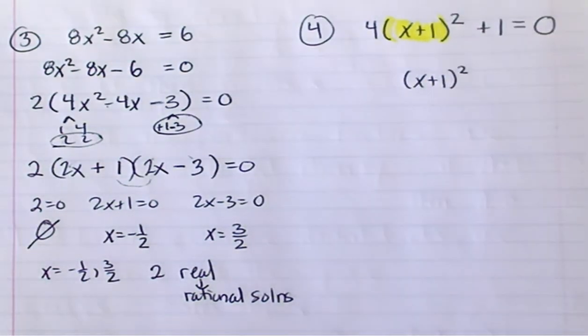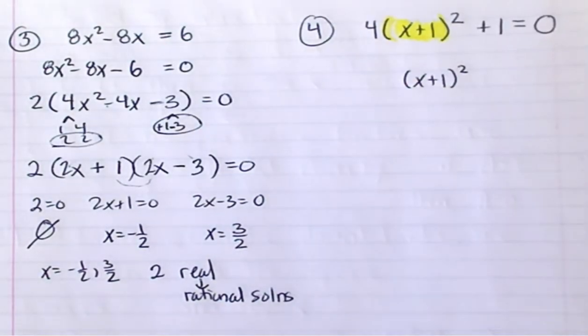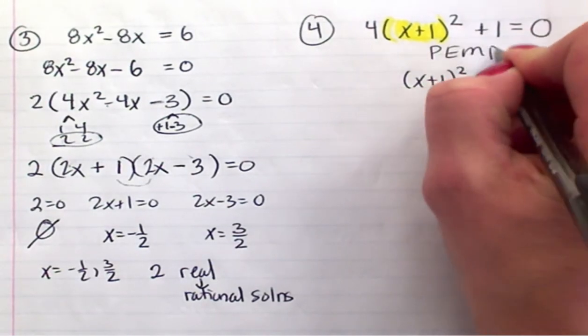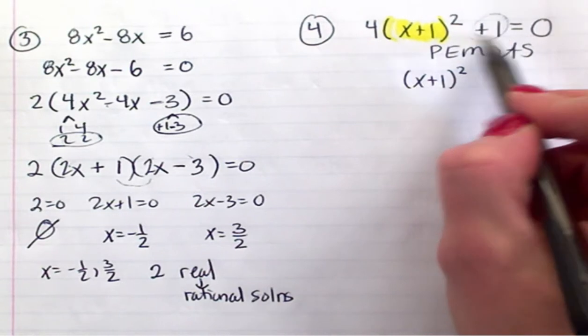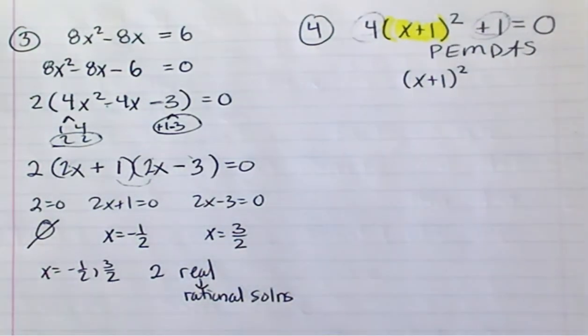Think of your absolute value, how you had to undo everything outside of it before you got to the absolute value. Well, the square, if I'm thinking of my PEMDAS, adding and subtracting, multiply, divide, then I get to the exponent.